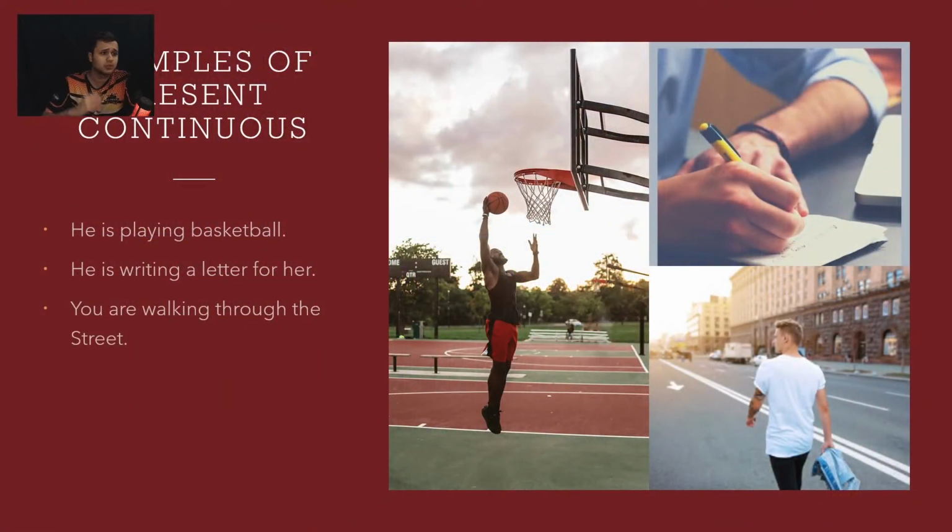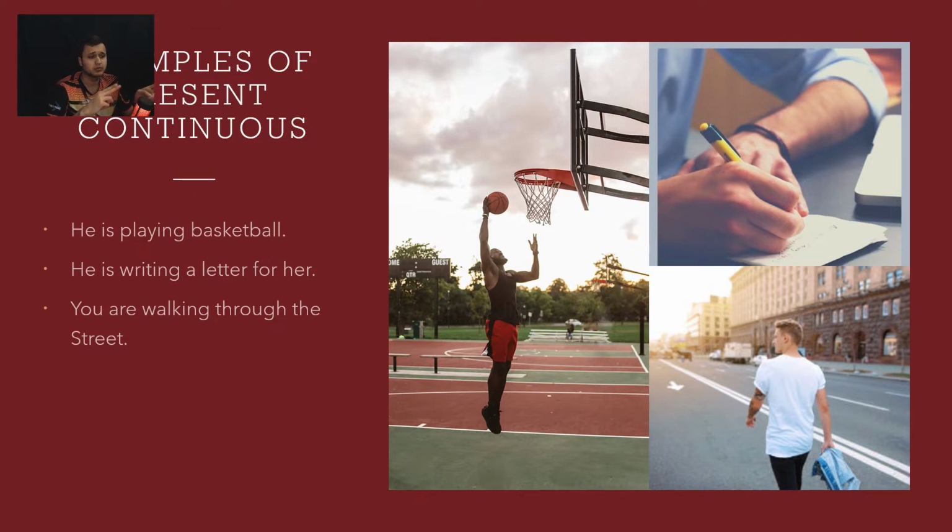But we are going to see some examples. The first one is he's playing basketball. Then he's writing a letter for her. You are walking through the street. These three sentences mean things that are happening right now, at the moment.